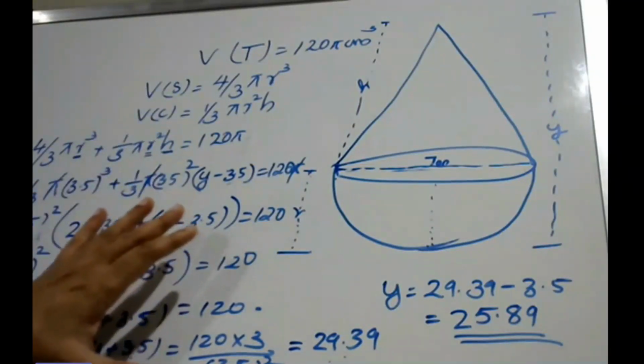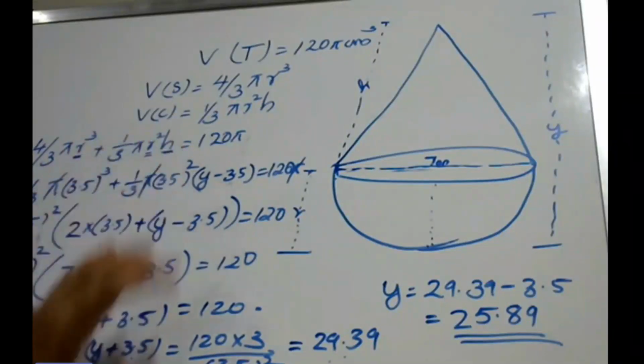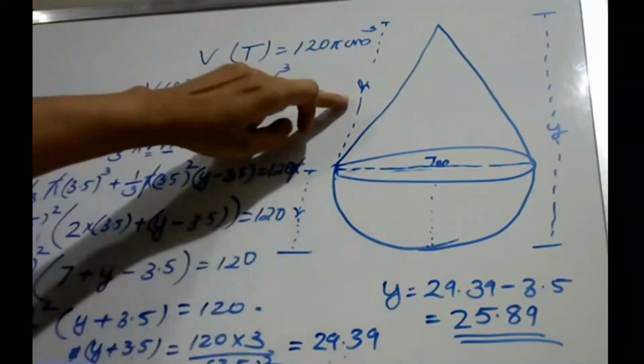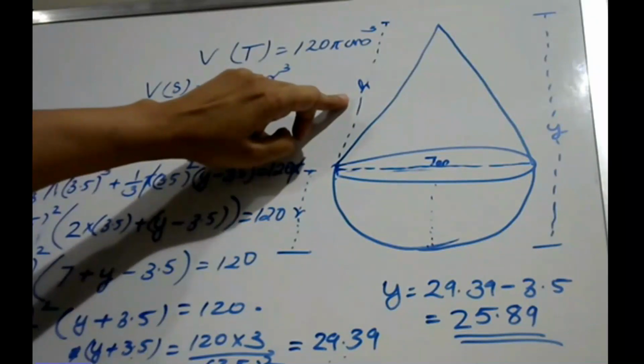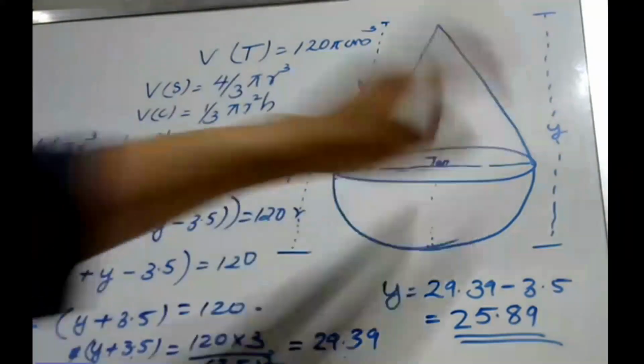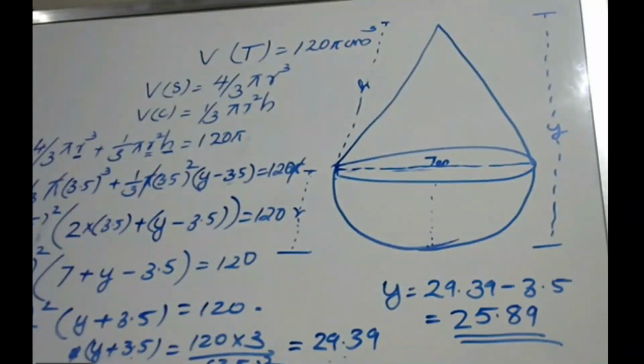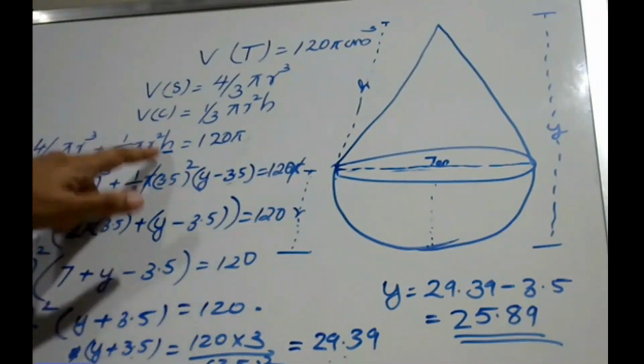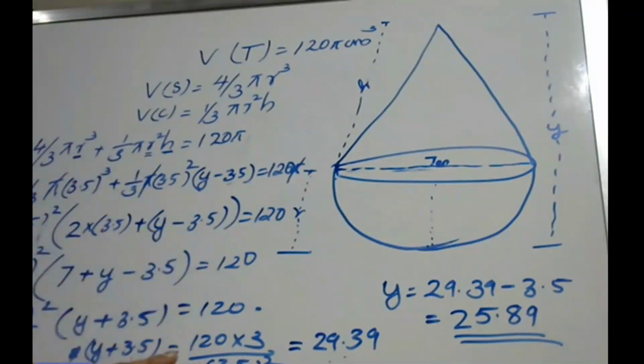Either you can do it like this, or you can continue with h and you will get the value of h, the height of the cone. Once you get the value of h, you add it with the radius of the hemisphere to get the value of y, the height of the total figure. There are two ways.